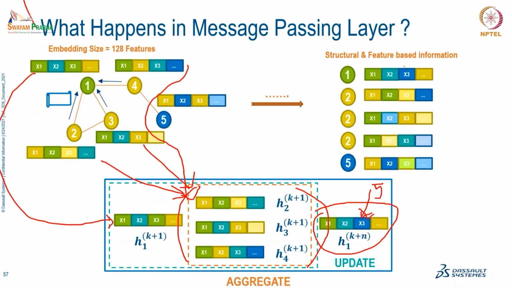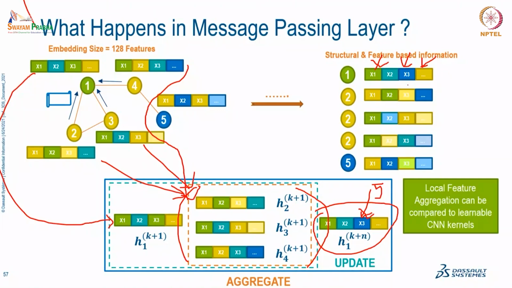So we have aggregated this information for the target node. So now the target node has got information about all the nodes that are present in this graph. And this is basically the structural information or embedding that is used for prediction level tasks.